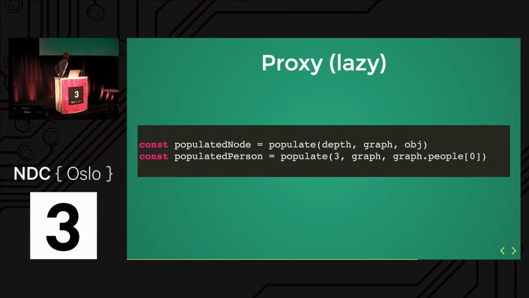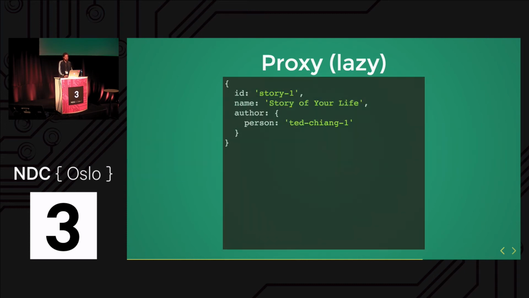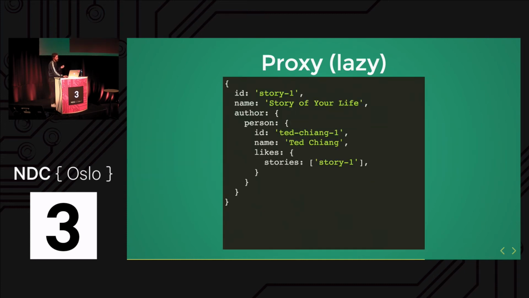So instead of this being the depth that this is populated to, it's more like a maximum depth, for some reasons that I'll show later. But it's the exact same thing. And now this works exactly the same way, except you're able to do this infinitely deep.